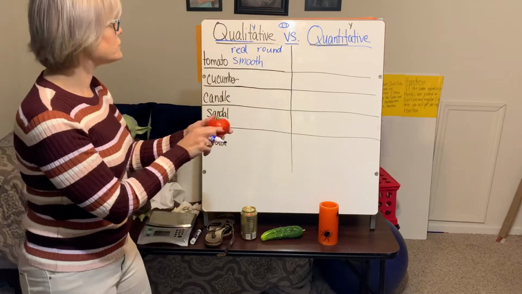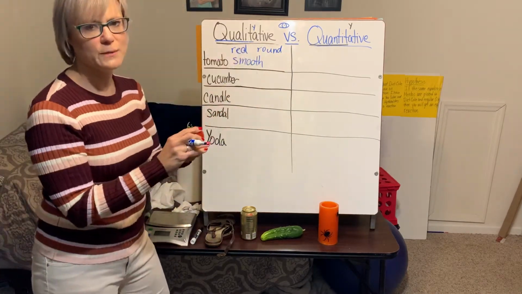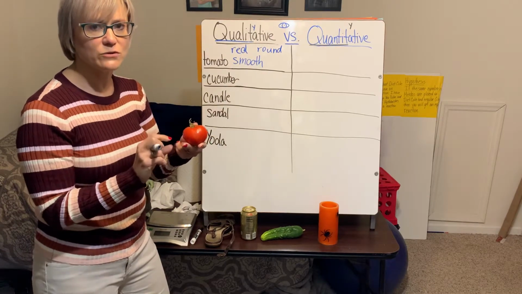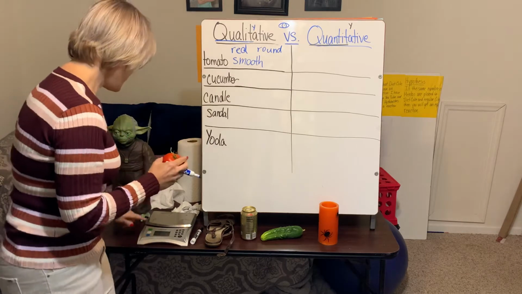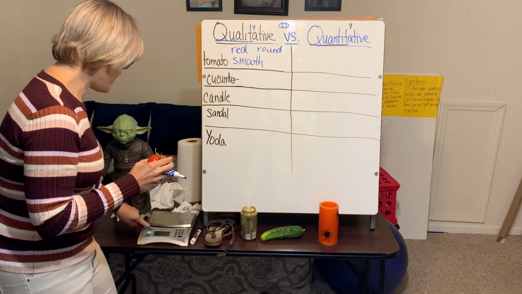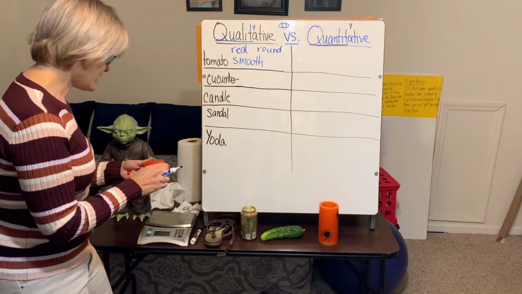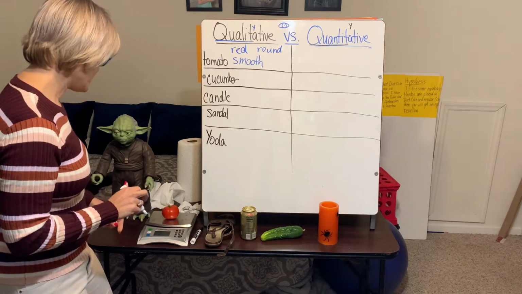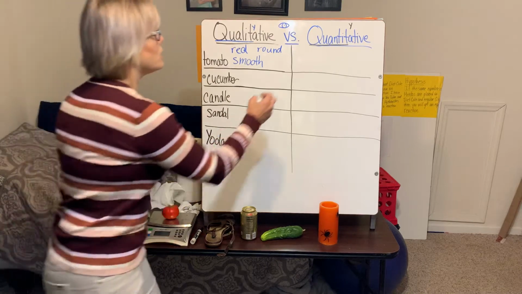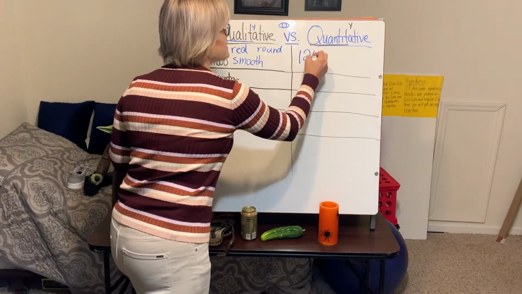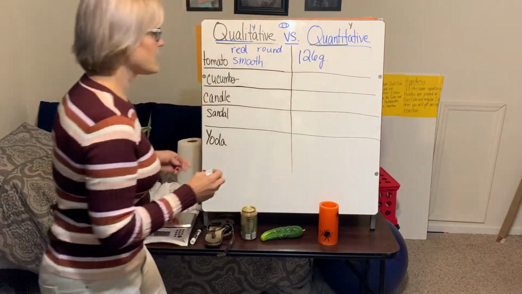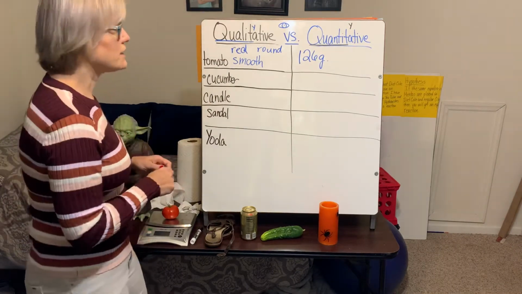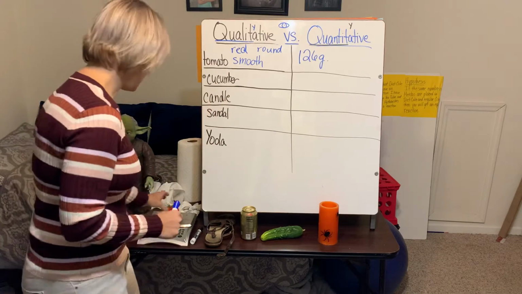All right, those are all qualitative observations about the tomato. I'm using my senses in order to observe this. Now, if I push the 0 button and zero my scale, I can measure the weight of the tomato, and it is 126 grams. All right, that is a quantitative measurement, okay, telling the quantity, how much.